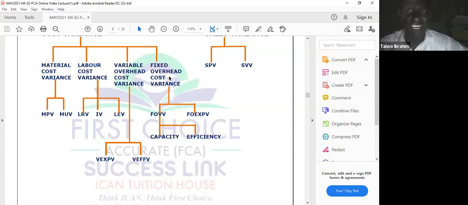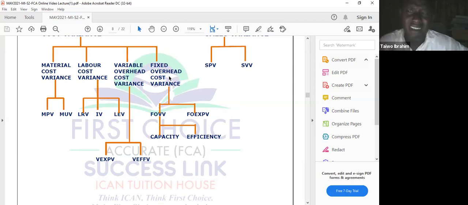We divide the amount we are projecting for the overhead, maybe 1 million naira, by the budgeted output of 1,000. The division of these two gives us the fixed overhead rate of absorption. Now, if the rate you get is, let's say for instance, 10 naira.